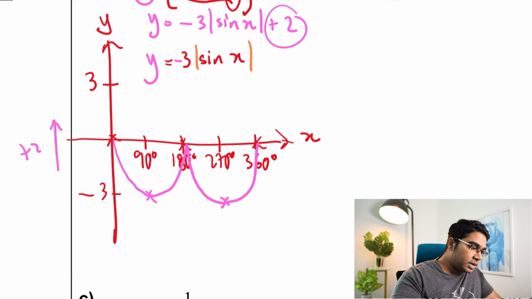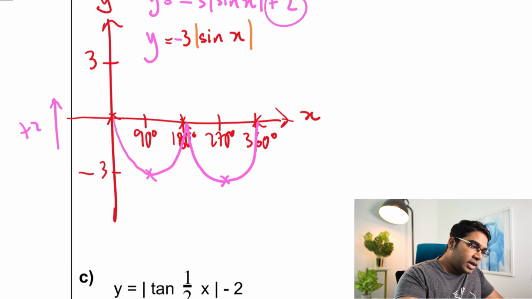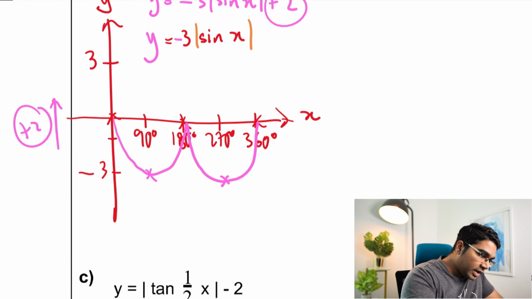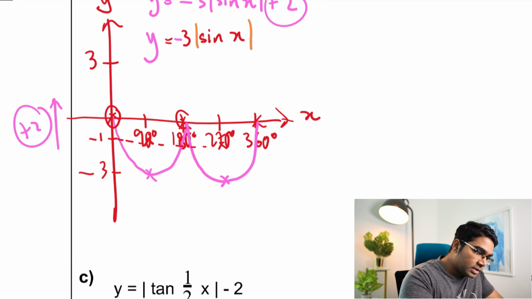So the key points, we take all of our key points again. From negative 3, if we go up 2 units, this will become negative 1. Use red again. So this will be negative 1. Our points here will be negative 1 and negative 1. This is where they will end up. And what happens to these points? These points are at 0.